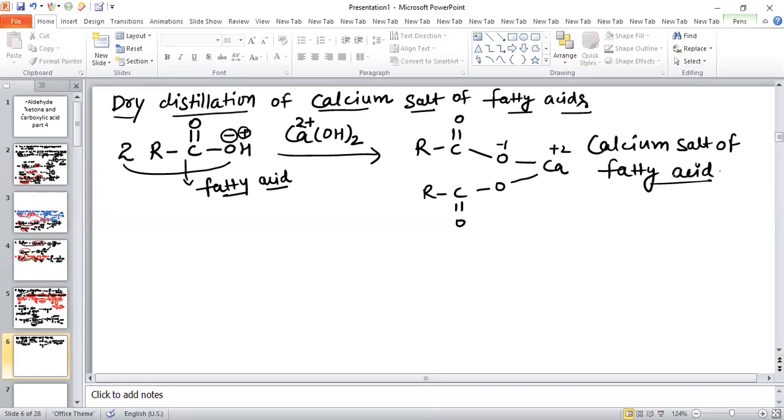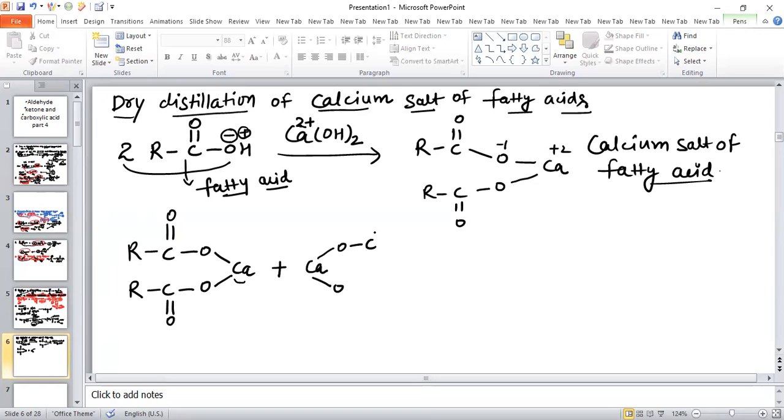Now this calcium salt of fatty acid will react in this way. If it is R, C double bond O, O and calcium, and on this calcium one oxygen is also there, like C double bond O and R. When this compound reacts with another compound, this is also again calcium, and this is oxygen, and this is oxygen.